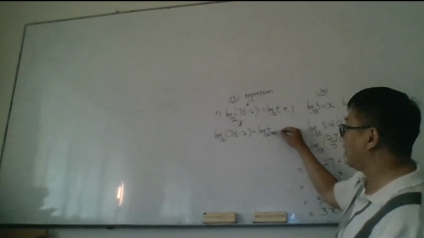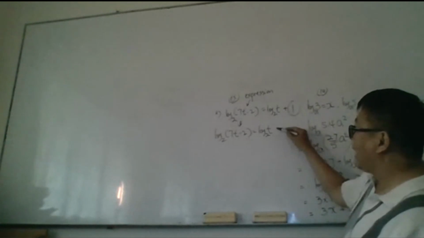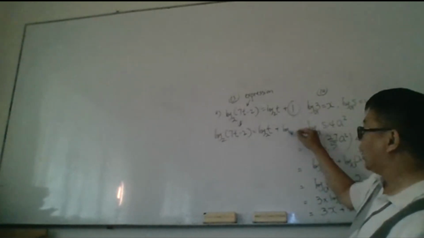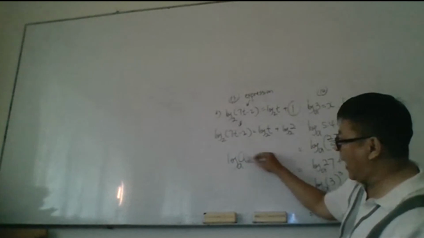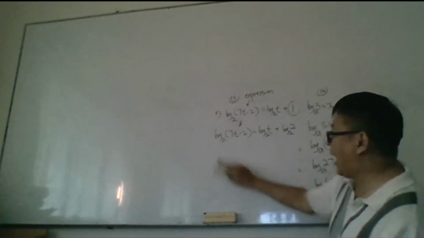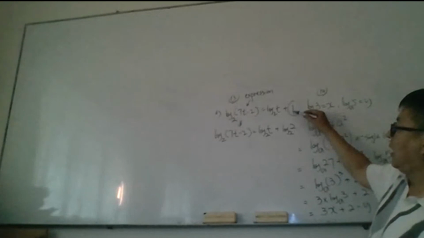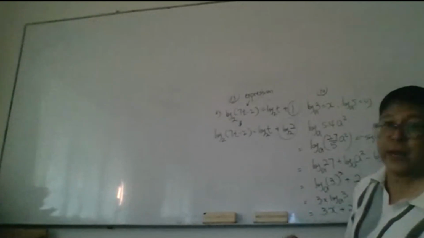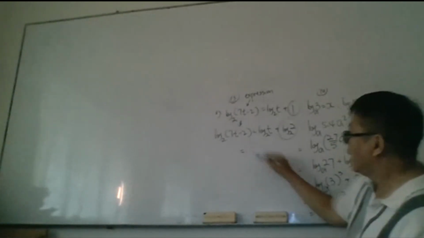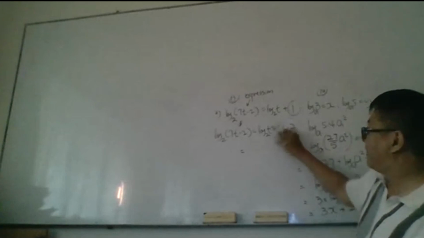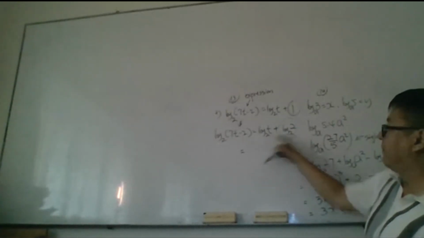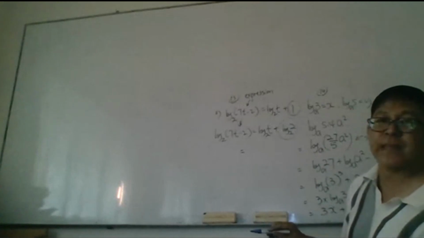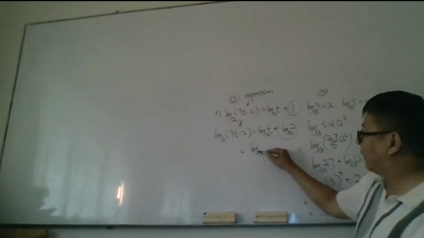Log_2 of 2t remains. What about 1? 1 we can actually write as log_2 2, because we know that log_a a is 1. So I will change the number back to logarithm. According to the law, if logarithms with the same base are added, it represents times.